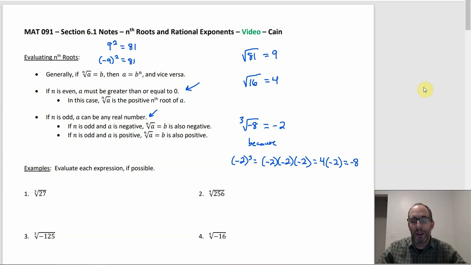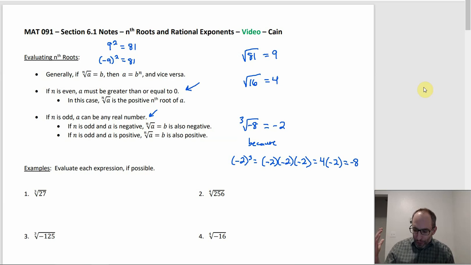And you never run into that situation like you would have with an even root, where there would be two different numbers that you could square to get 81. There aren't two different numbers that you could cube to get negative 8. The only one that works is negative 2. And I guess really the term that would fit the best here would be that there's a one-to-one correspondence when you have an odd root.